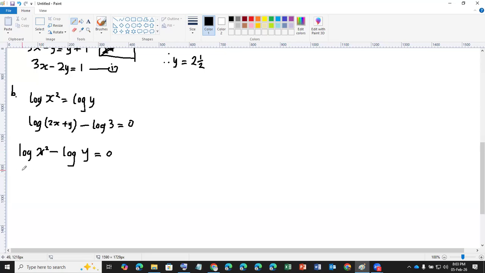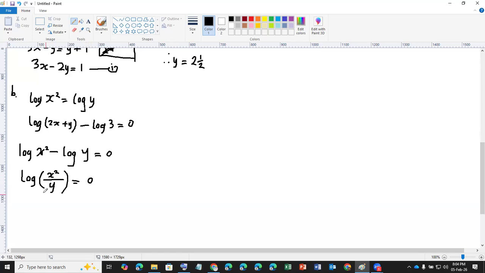So I can interpret it back to where we started from, which is what? Log of the division. So we're taking it back to the division, which means that x squared is the numerator. Don't forget, numerator is always on the left-hand side, and y is in the denominator. And all this is still equal to what? 0.